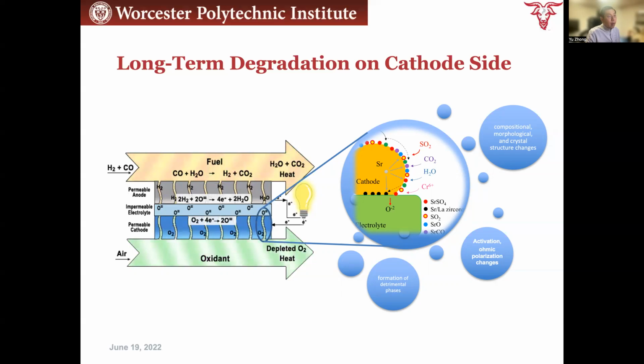The impurities will react with the cathode and form some phases on the surface of the cathode. And also, for the cathode material, and also the electrolyte, you need to have a very good combination of the electronic conductivity and the oxygen ionic conductivity. So any change in all of these will cause long-term degradation.